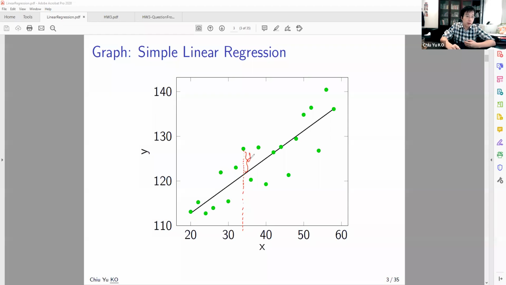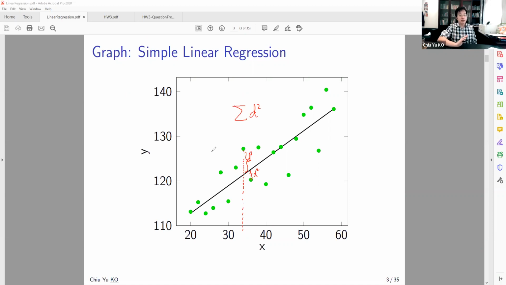Because I don't want to make trouble, whether above or below, I give the same treatment, so I take a square. Then it's easier to handle. So I take the squared distances and sum all of them, and I try to minimize the sum of squared distances. Okay, so that's the idea.